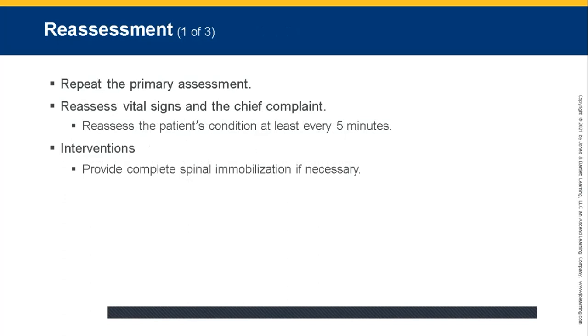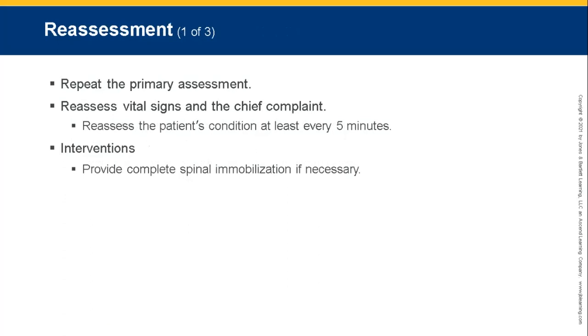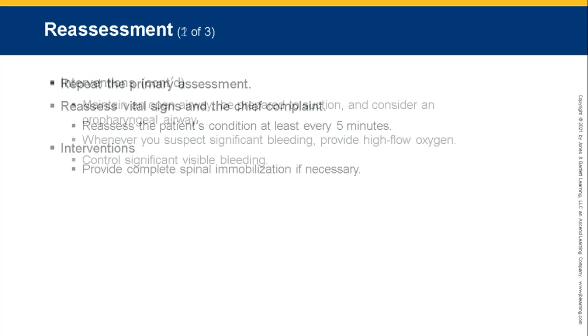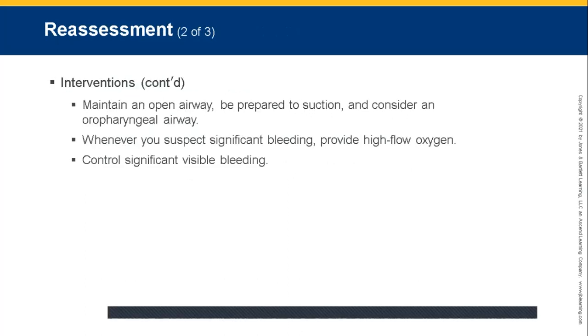Interventions: provide complete spinal immobilization if necessary. Maintain an open airway. Be prepared to suction and consider an oropharyngeal airway. So your airway management skills need to be on point for these patients.